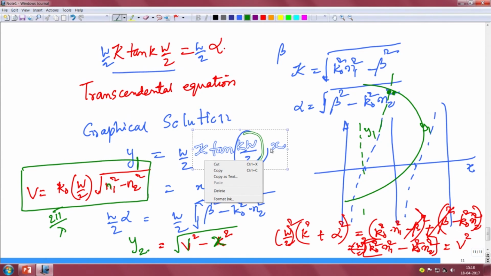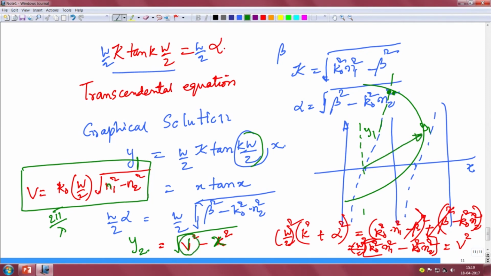So, we observe that the radius of this circle depends on the parameter v. So, v is the parameter which will define how many points of intersection we have.